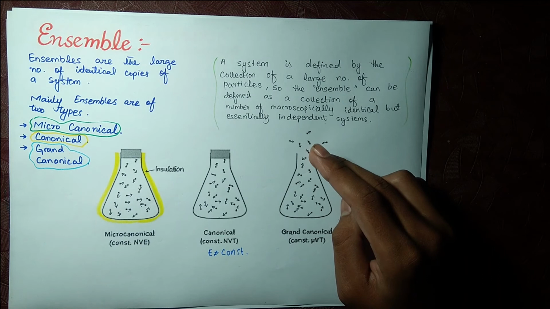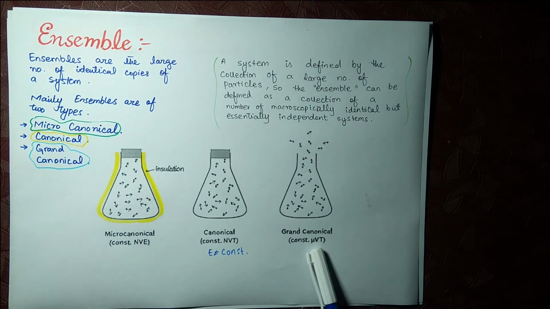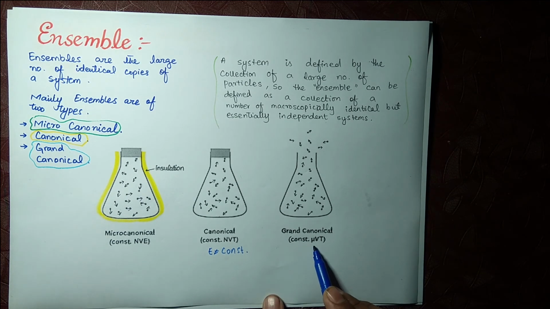So particles are not conserved now. Okay, so in this case we will have three things constant. One is mu. What is mu? Mu is the chemical potential. We write mu as the chemical potential. We will discuss this later when we discuss the grand canonical ensemble.